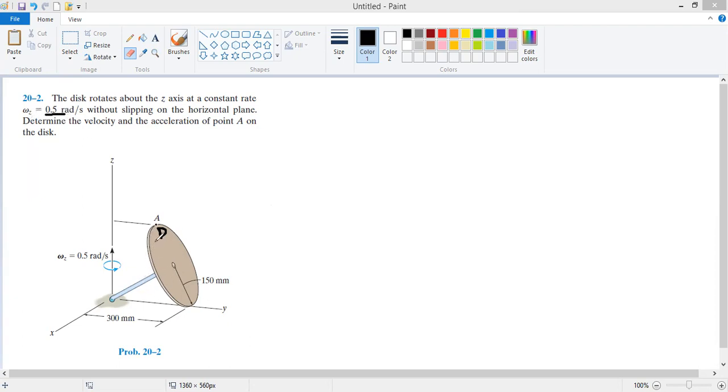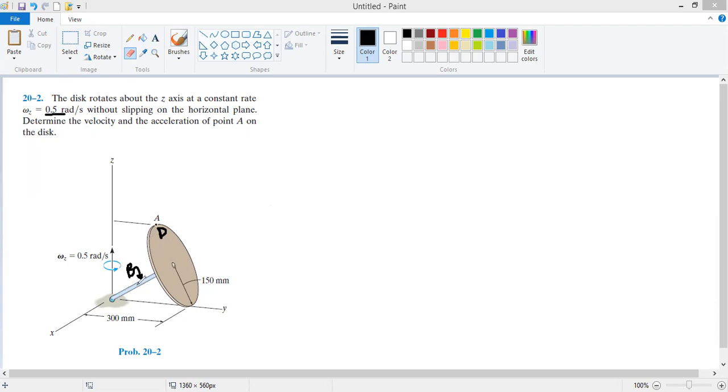The rotation of the disk about the z-axis is possible because of the bar, that is B, to which the disk is attached. It is the rotation of this bar about the z-axis, equal to 0.5 radian per second, which is responsible for the rotation of this disk about the z-axis.